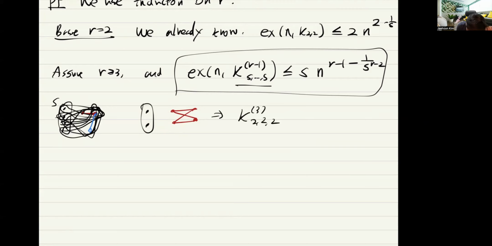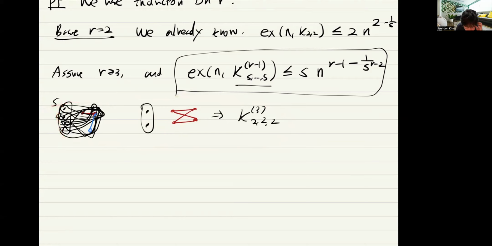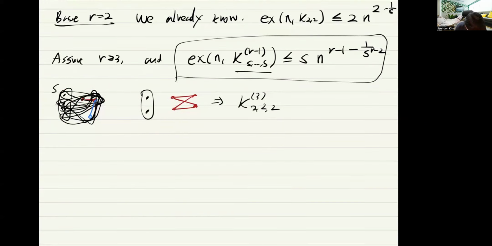So we will generalize this idea. We collect many pairs, and then in the pair, we reduce the problem to finding a graph instead of a hypergraph. So we lower the uniformity.